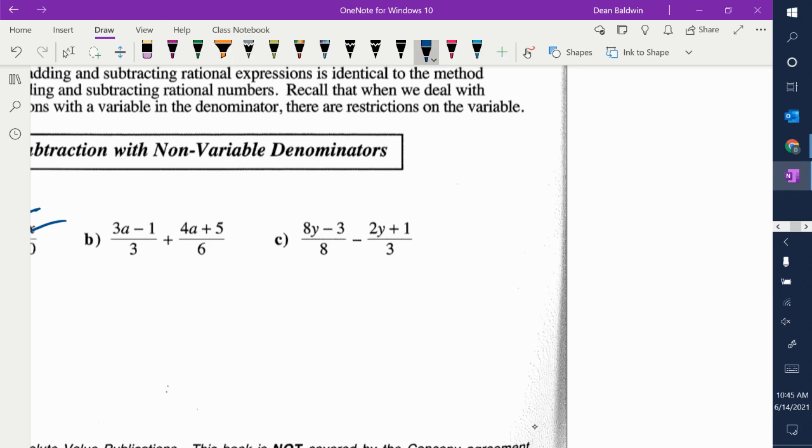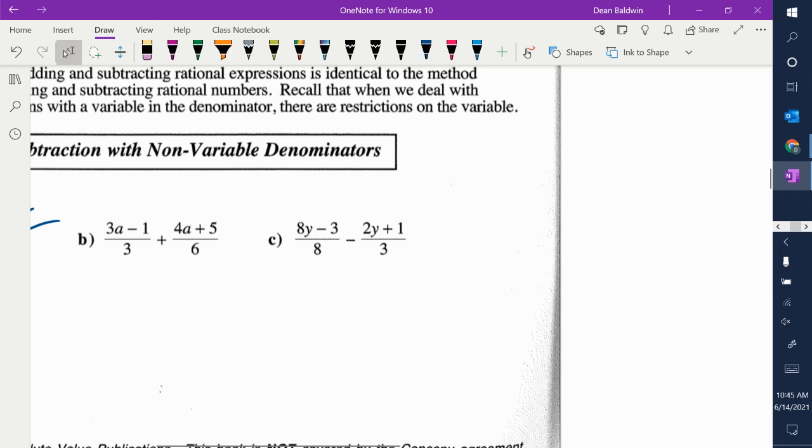Okay. 3 doesn't go into 16. So 24. So this one here, I have to multiply top and bottom by 8, and this one, top and bottom by 3. The only trick when you're dealing with these types of equations is when you multiply that 3 in, it's going to both of those terms, the whole numerator. And same with the 8 here.